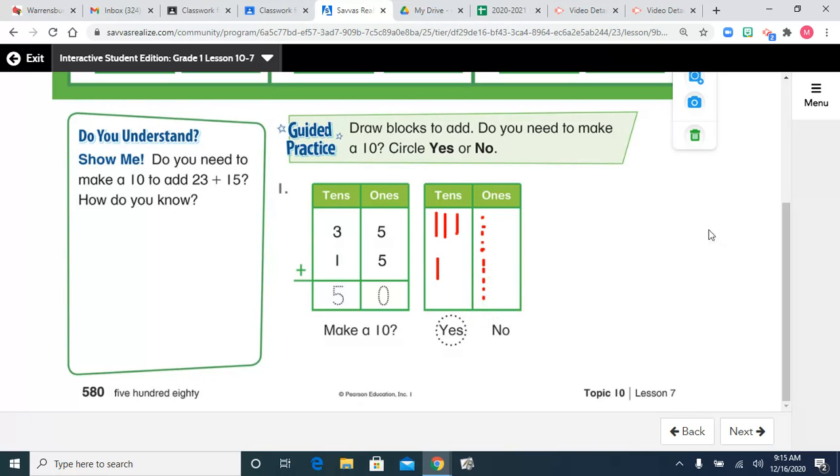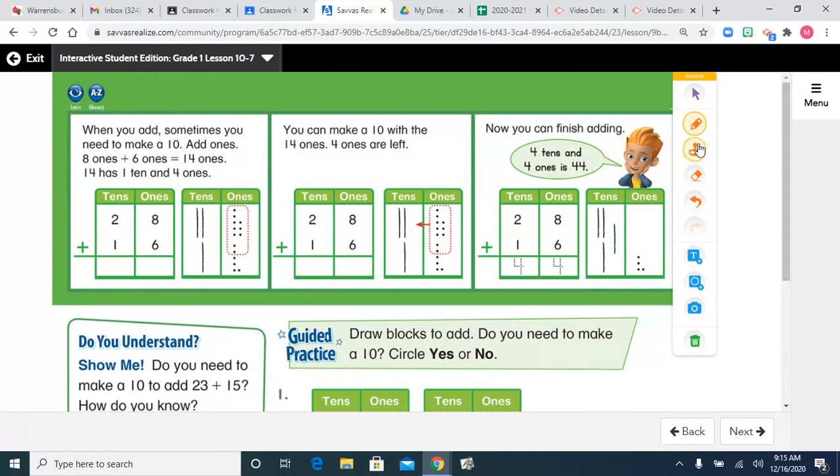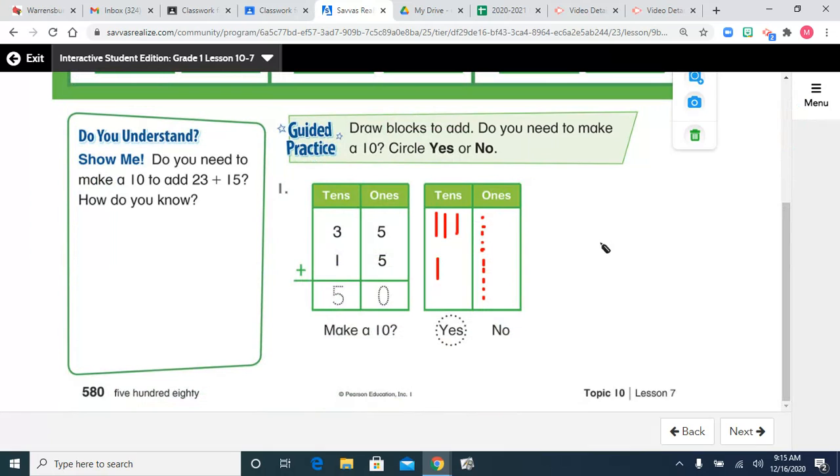There's 5 there. Okay, now let's see if we can make a 10. So let's count up the cubes and see if there are 10 here. 1, 2, 3, 4, 5, 6, 7, 8, 9, 10. Yes, we can. So circle your 10 cubes. And can we make a 10? Yes.